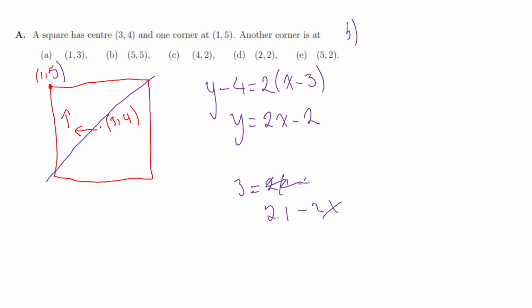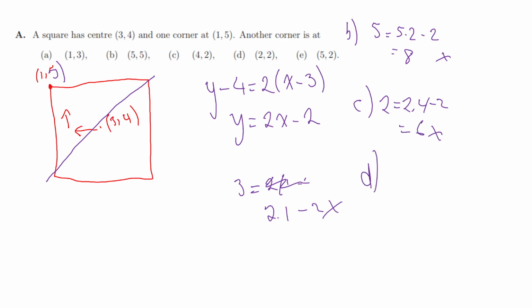So then we try B, 5 equals 5 lots of 2, minus 2, that gives you 8, so no. C, 4, 2, so we have 2 equals 2 lots of 4, minus 2, that gives us 6, nope.